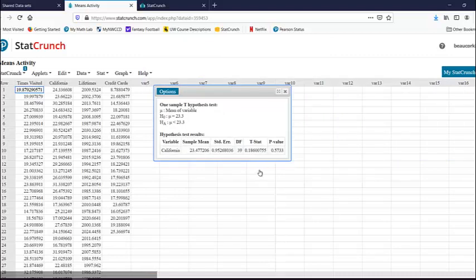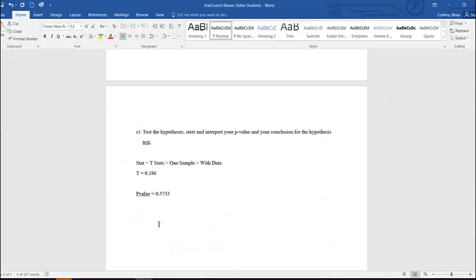It gives us the t-statistic, which is 0.186, and a p-value of 57%. That is what I have written right here. Again, StatCrunch does all the heavy lifting. There is no calculation for us to be done, which means we can go directly to the conclusions. Let's start with our decision.